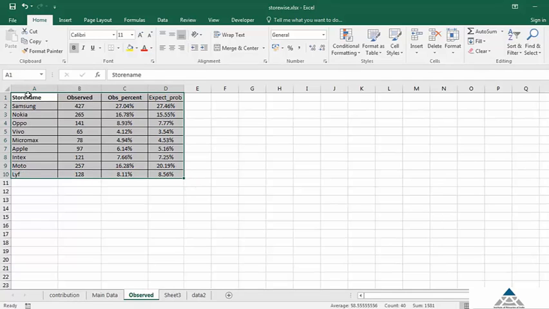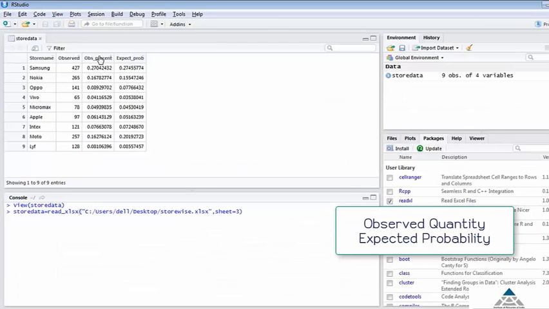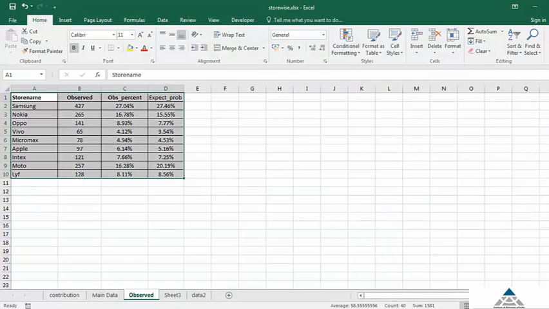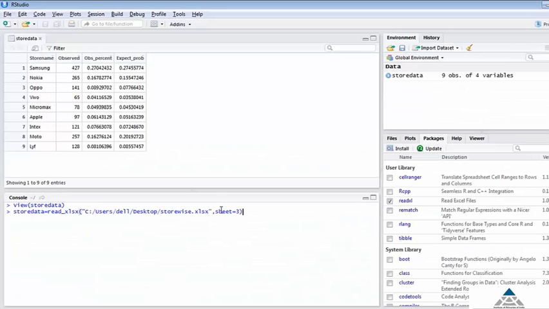When we conduct the chi-square test in R, we require two things. These are observed quantity and expected probability. Please ensure that the sum of the expected probability distribution is 1 to avoid any errors. We write chisq.test, then in brackets x is equal to store data.